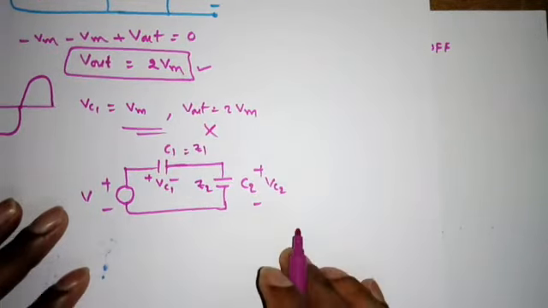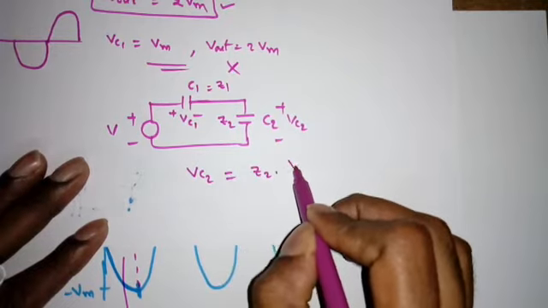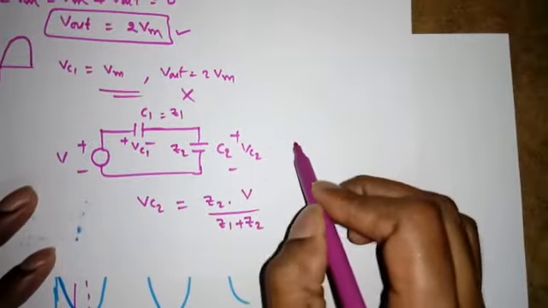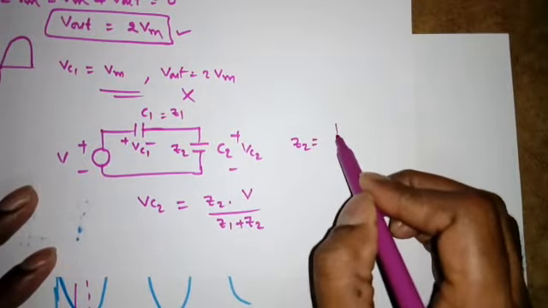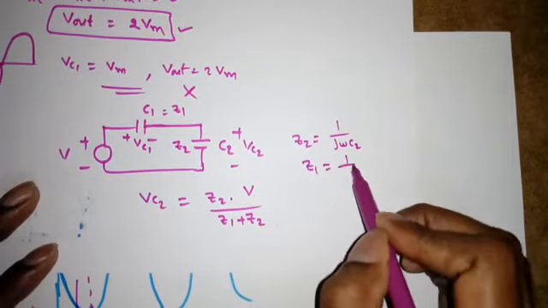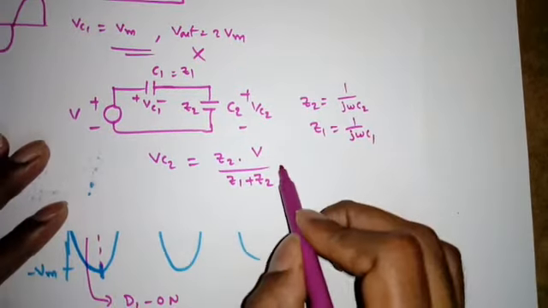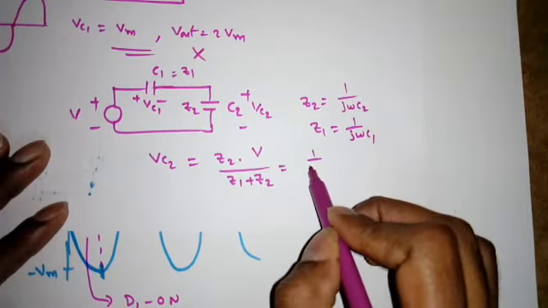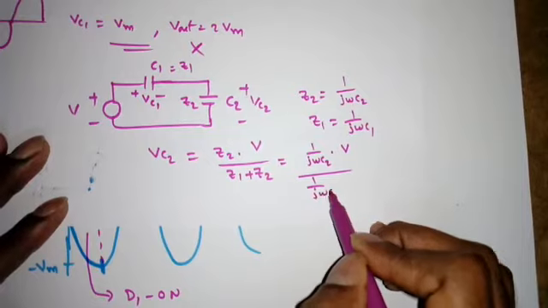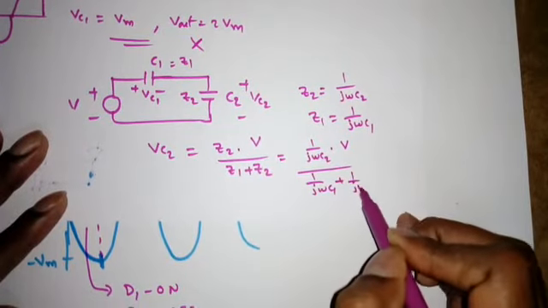Then VC2 will be Z2 into the main voltage by the total impedance Z1 plus Z2. But what is Z2? We can say it is 1 by j omega C2. Similarly Z1 is 1 by j omega C1. So this will become 1 by j omega C2 into V by 1 by j omega C1 plus 1 by j omega C2.